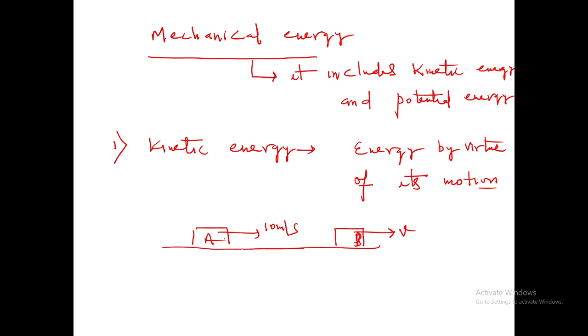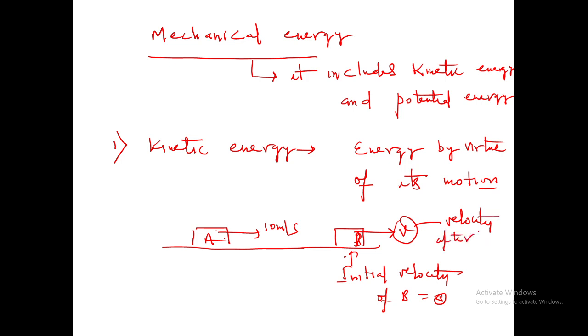It does work, A does work on B. Earlier the initial velocity of B was 0, and V is the velocity after hitting by A. So A does work on B.